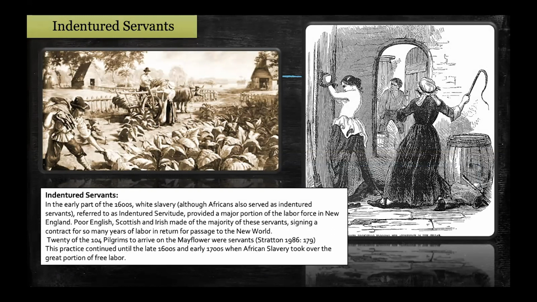Poor English, Scottish, and Irish made up the majority of these servants, signing a contract for so many years of labor in return for passage to the New World. 20 of the 104 pilgrims to arrive on the Mayflower were indentured servants. This practice continued until the late 1600s and early 1700s, when African slavery took over the great portion of labor.